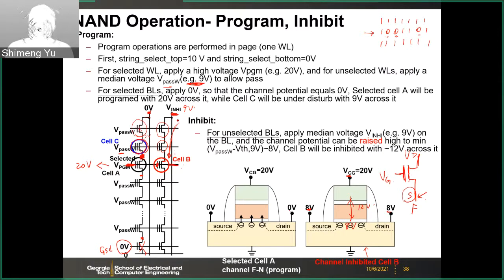And the principle is that the Vs in this case will be the minimum of Vg minus Vt versus Vd. So the source voltage will be either Vd or Vg minus Vt, and we choose the smaller one to make this transistor turn on.